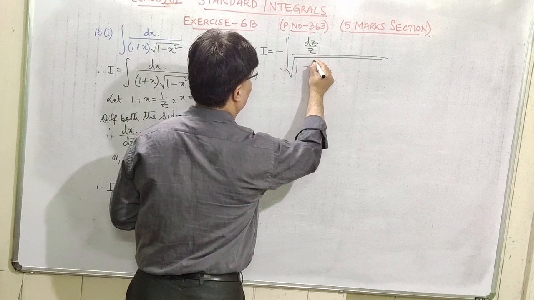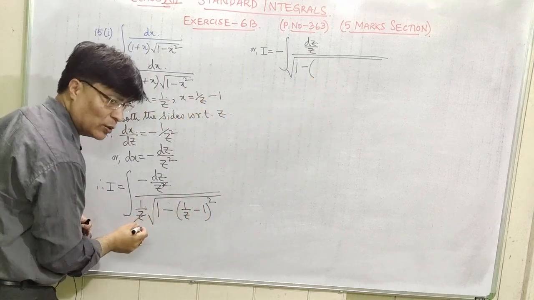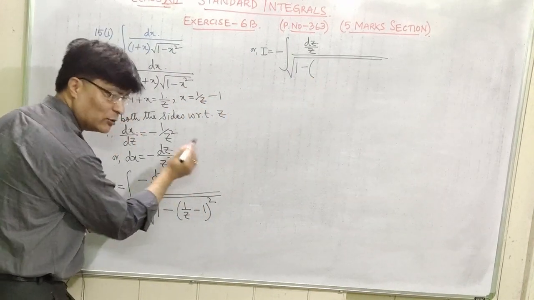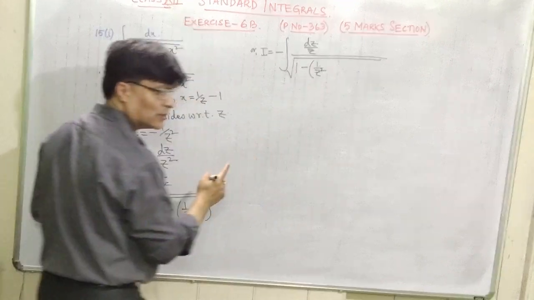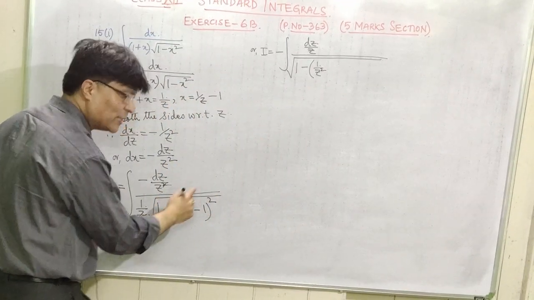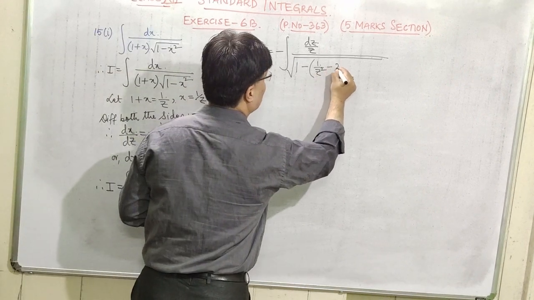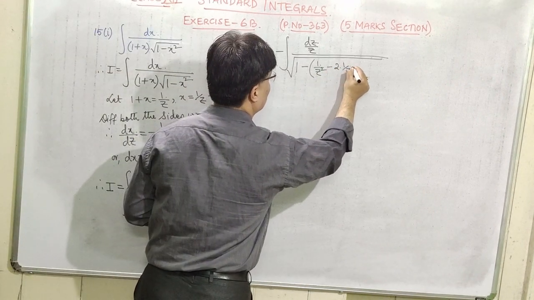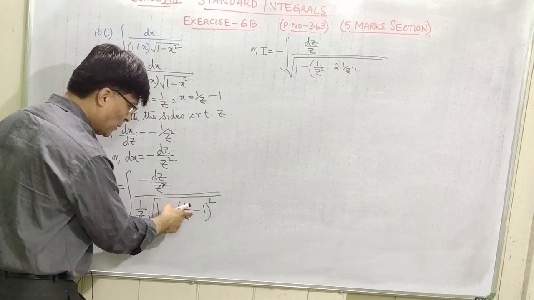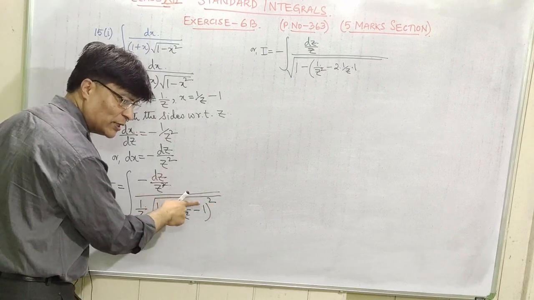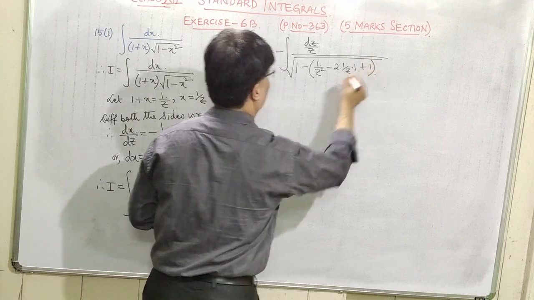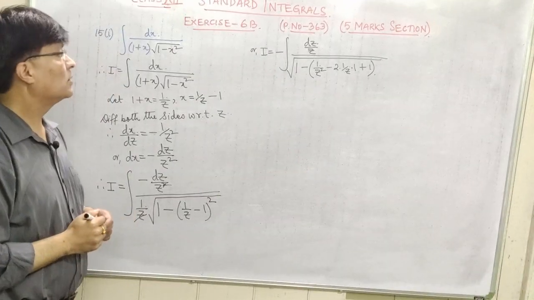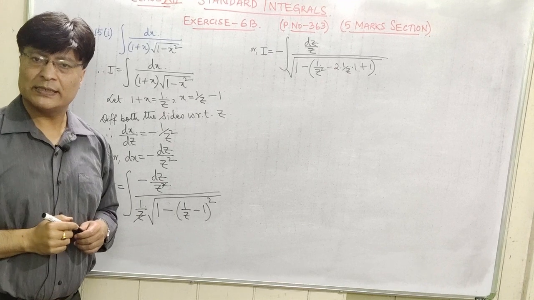So let us write here within the bracket, what is a whole square? 1 upon z whole square, that is 1 upon z square. Right? Then minus twice ab. What is minus twice ab? Minus 2 into a is 1 upon z into b is 1. Plus b whole square, what is b whole square? 1 whole square, that is 1. Plus 1. Bracket closed. So I think you have understood it.